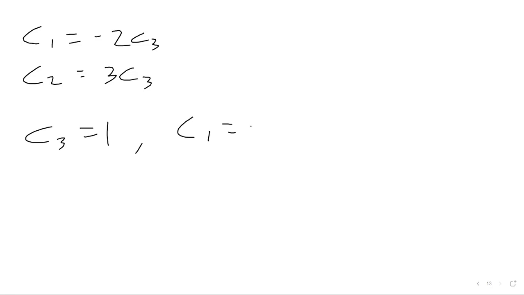C1 equals negative 2 C3, and C2 is going to equal 3 C3. So if you make your C3 equal 1, then C1 equals negative 2, and C2 is going to equal 3.